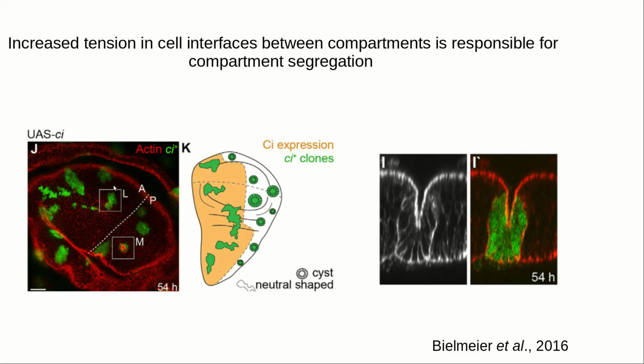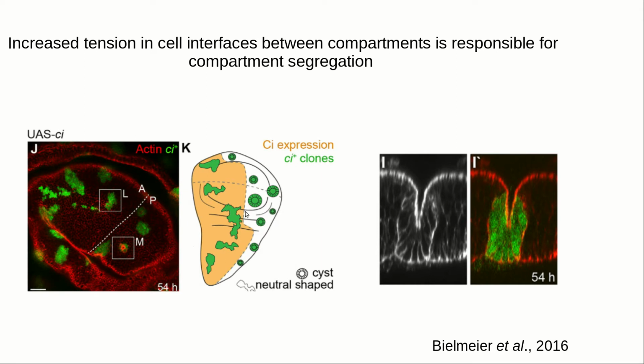So clones in the anterior compartment have different shapes, and clones that are overexpressing Ci in the posterior compartment are rounded, because they are minimizing the contact area between the clone and the outside of the clone, and they have an increase in actin, which is in red. They have an increase in actin in the borders.